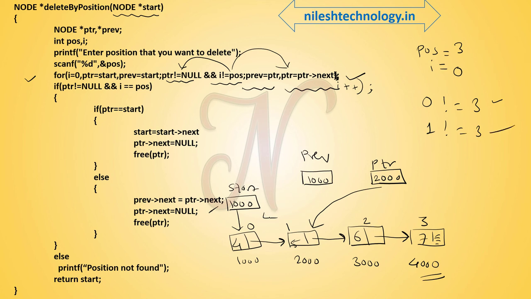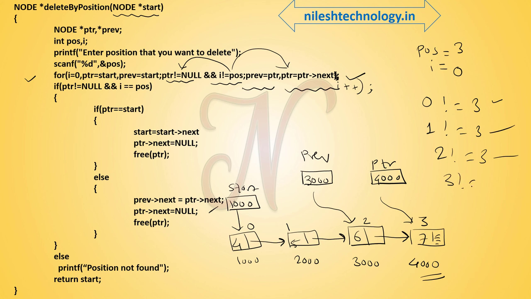So prev is assigned to this ptr and ptr goes to the next. Here we change the address 2000, here address 3000. Again i plus plus, 2 is not equal to 3, true. So prev is pointing to this address location and ptr is going to next. So here we change the address 3000 and here address 4000.